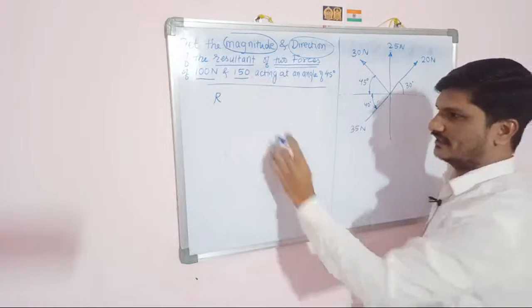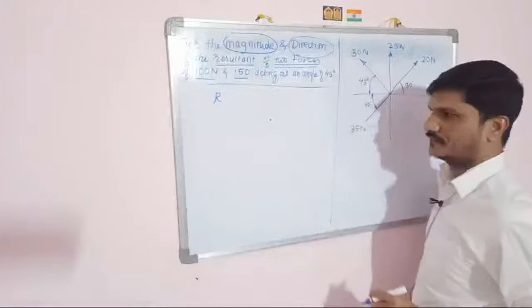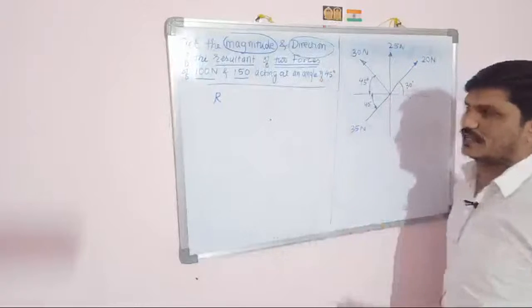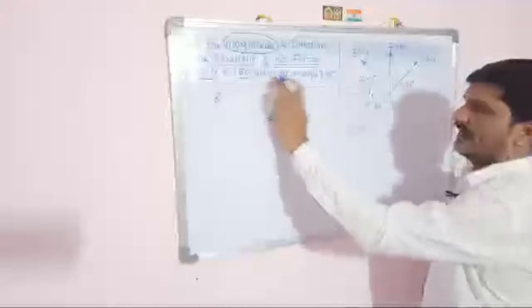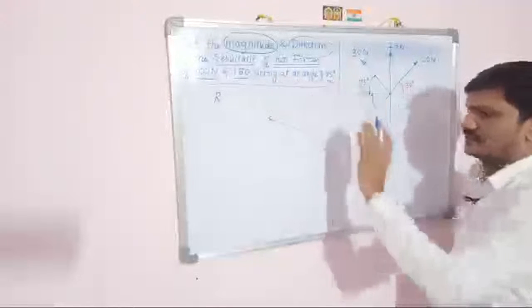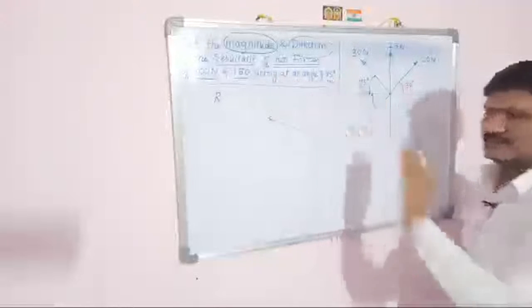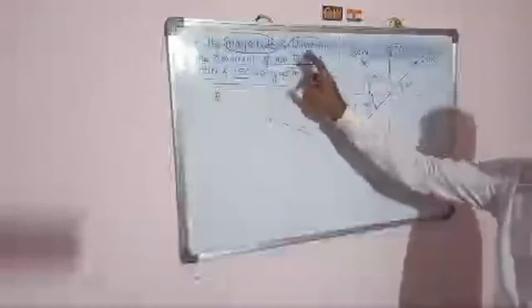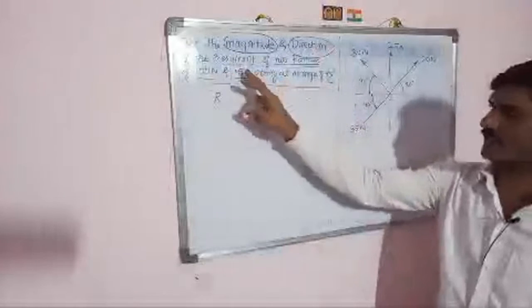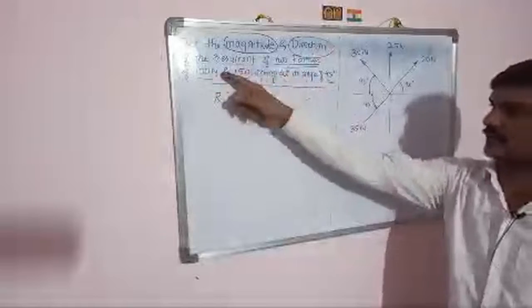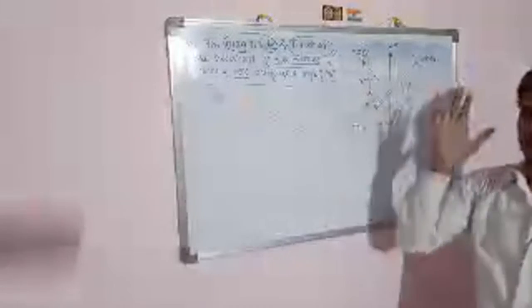It means there is one object, in which two forces are acting at an angle of 45 degree. The angle mentioned between these two forces, 100 and 150, is 45 degree.